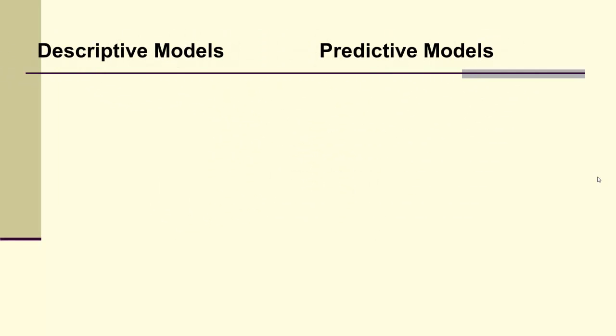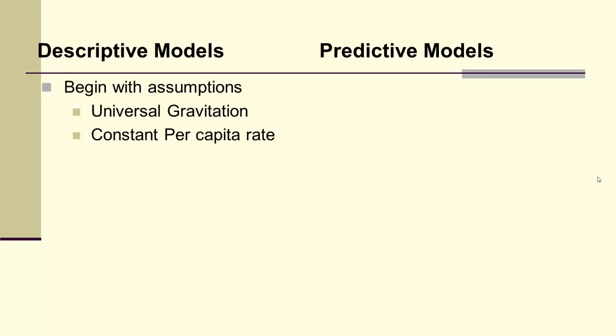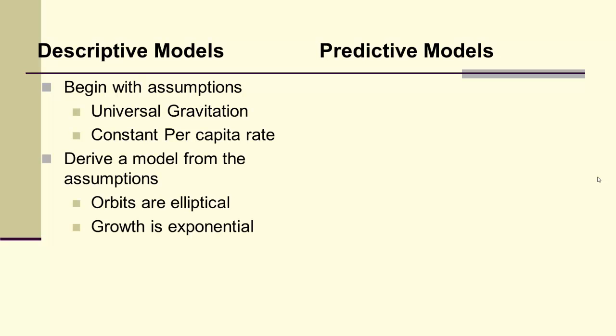Descriptive models are the types of models you might be most familiar with, those from physics and the other sciences. They tend to begin with assumptions, universal gravitation or a constant per capita growth rate, and then models are derived from these assumptions. So from universal gravitation we get orbits being elliptical.